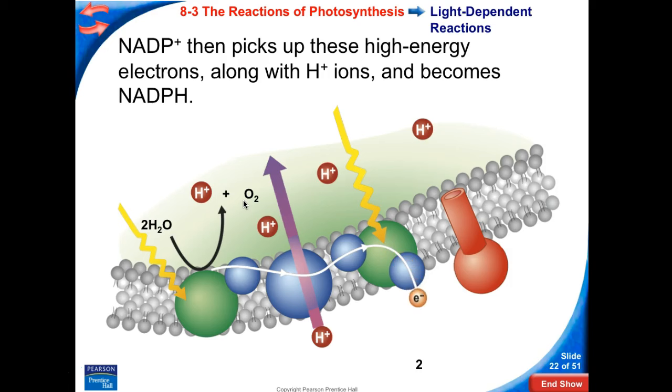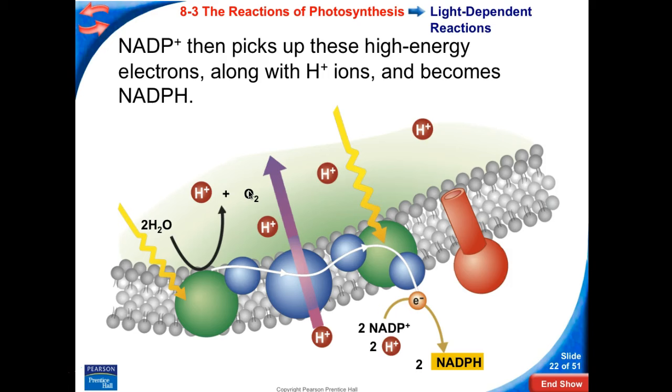NADP plus then picks up these high energy electrons along with hydrogen ions and becomes NADPH. There you have it. So now we have 2 of our 3 products of the light-dependent reaction so far. We have NADPH being formed. We have oxygen gas being formed as a product. The third product, if you remember, is ATP.